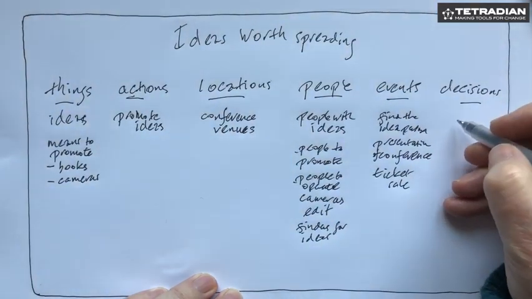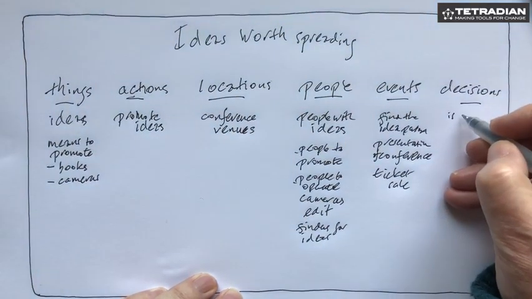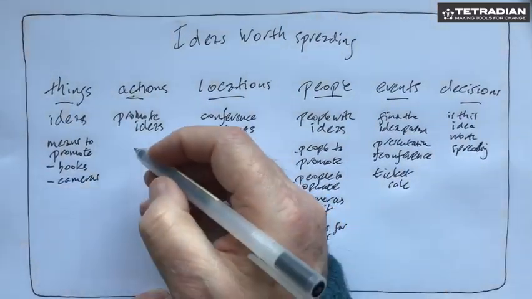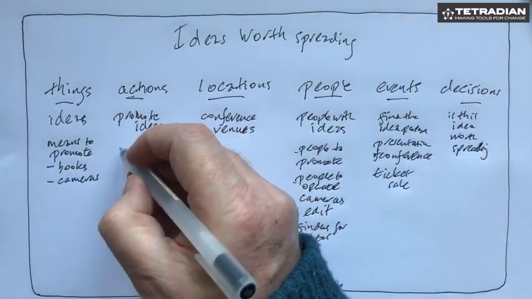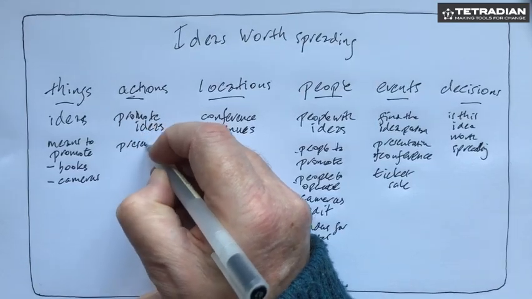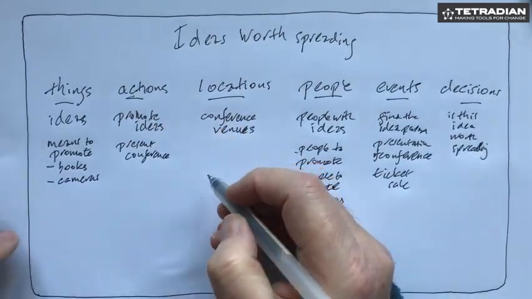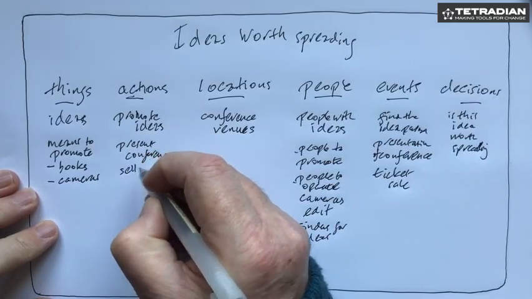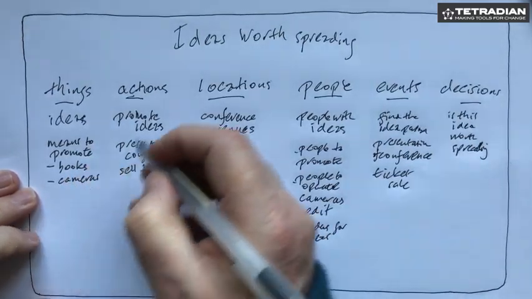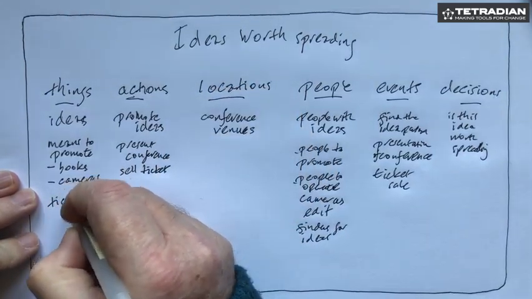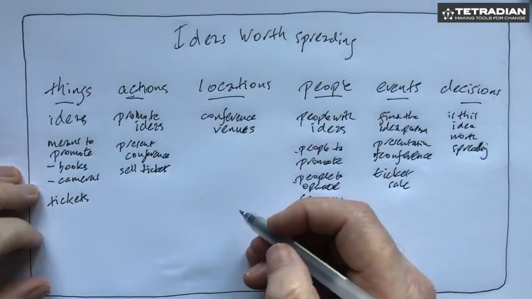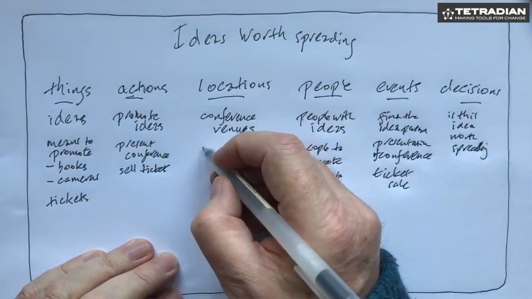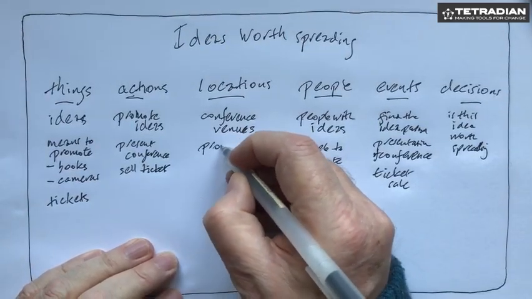A decision we're going to need is this idea worth spreading? We're going to be, again, presenting the conference. We're going to sell tickets. That means we're going to need tickets. And another location is where we're going to promote, promotion point.